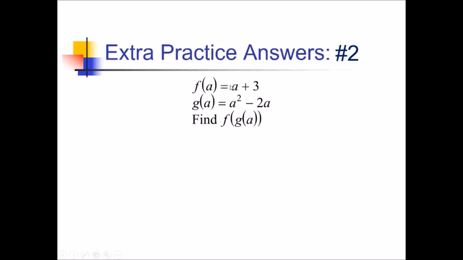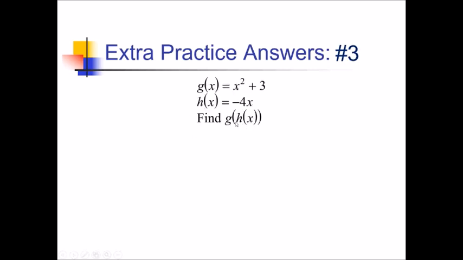So instead of writing a plus 3, I'm going to write all of this stuff here, a squared minus 2a plus 3. Now it's important to keep in mind that these a's are not necessarily the same a, so that's why I'm able to replace this a with another expression with a totally different configuration of a's going on. Now taking a look at what we've got here, this is fully simplified. There's no like terms to combine, so we're actually done with the problem.